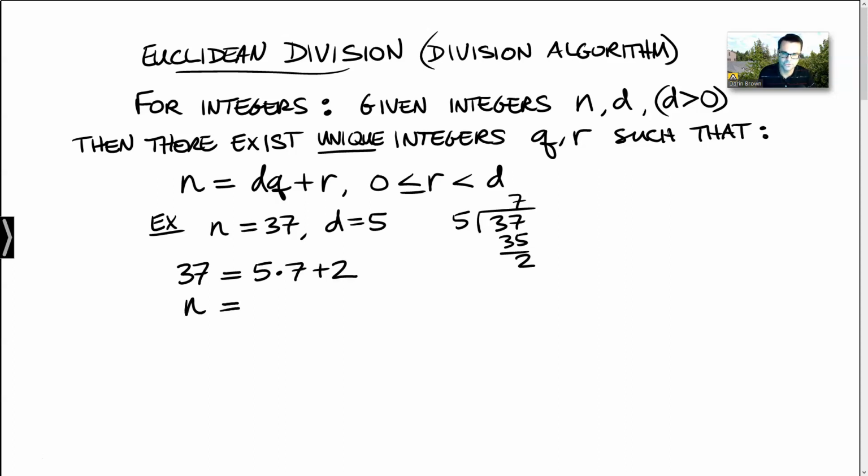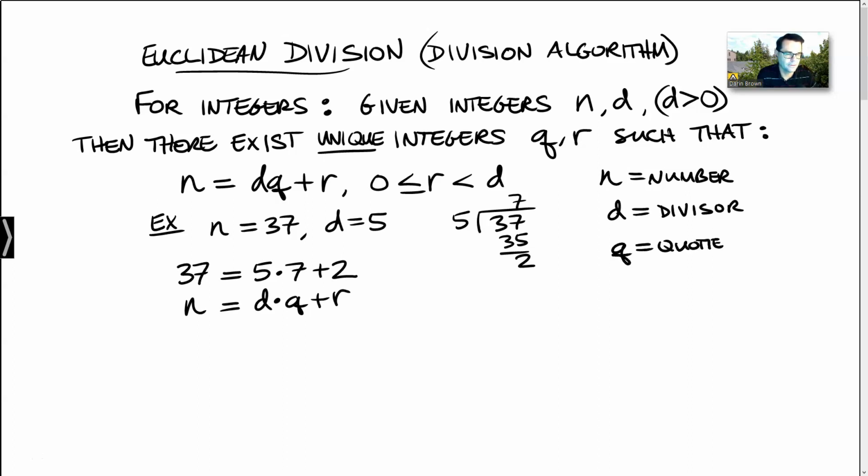N is equal to d times q plus r. Okay, so again, n equals number, d equals divisor, q equals quotient, r equals remainder. Now, sometimes there's an equivalent way that you could state this.